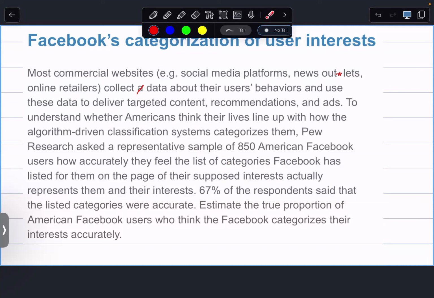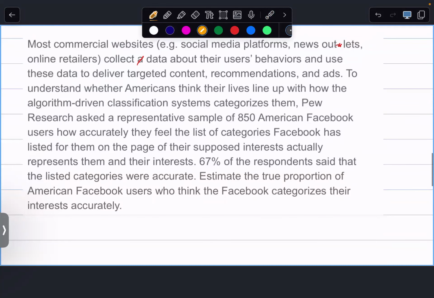Pew Research is a famous research firm. One of the main things that we want to check for our normal distribution to work is that we have to have a random sample or a representative sample. There's quite a bit of components here.